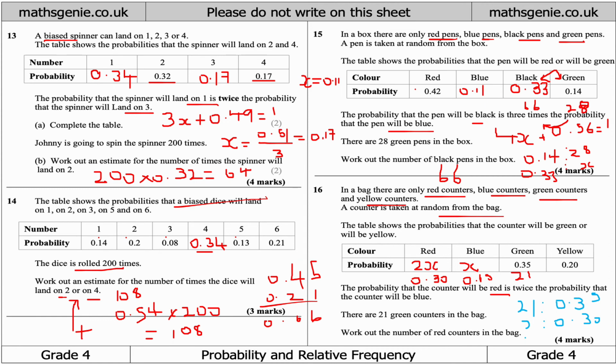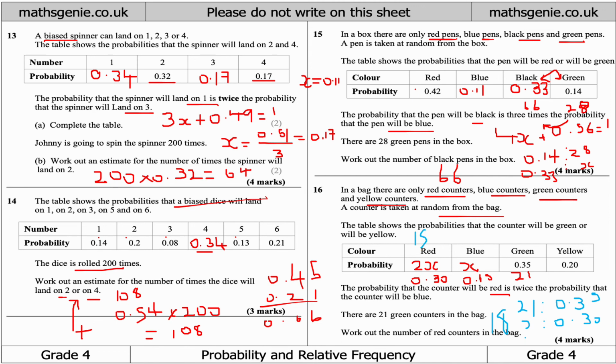So let's just double check this. 21, guys, times 0.3. We're going to divide that by 0.35, and I get the answer to be 18. I got the answer a different way and I also got 18.